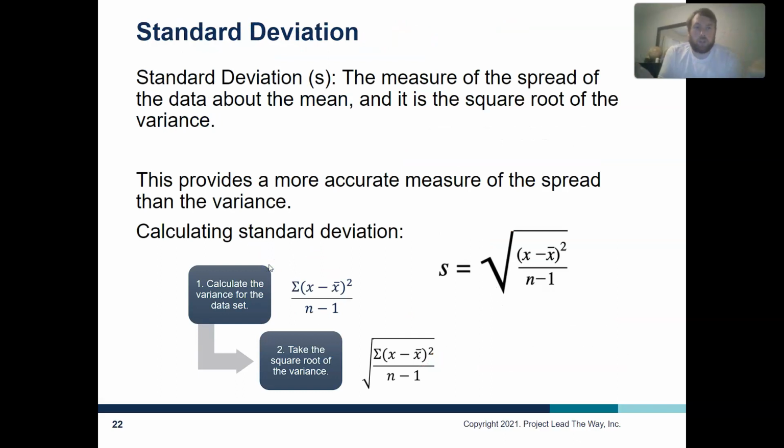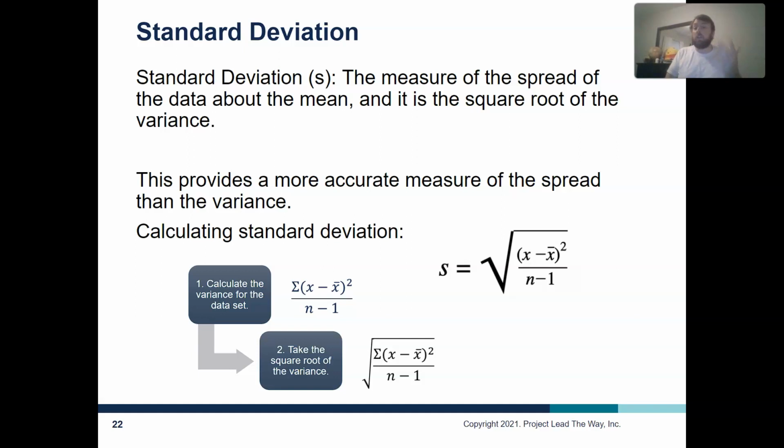So remember, we just talked about variance, which is the measure of how far away the data is from the mean. The standard deviation is very similar. It's going to be a measure of the spread around the data, not just how far each individual data point is, but how much does the entire body of our data stray away from the mean.